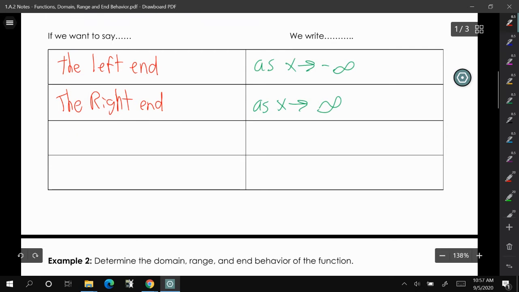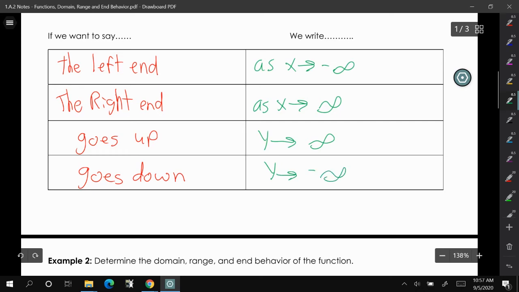If we wanted to say that the left or right end goes up, we would write that y approaches infinity. And if we wanted to write goes down, we would write y approaches negative infinity. So when we write end behavior, we will choose one of these and one of these.